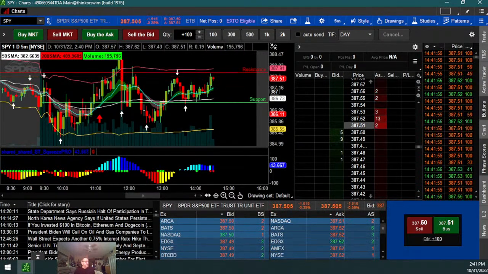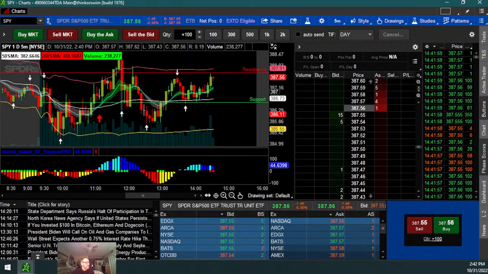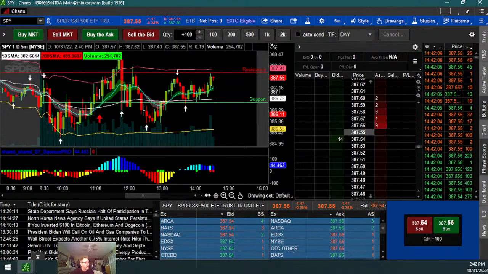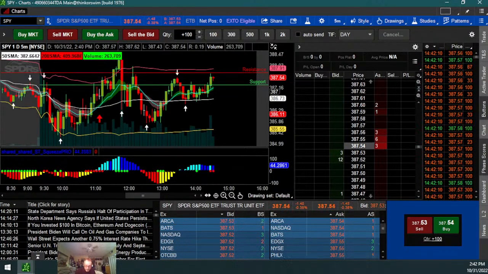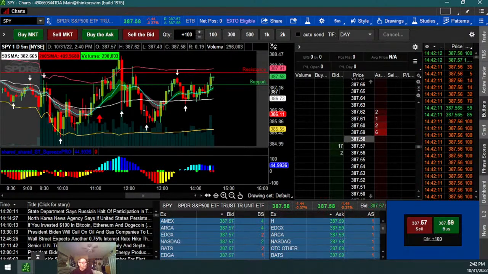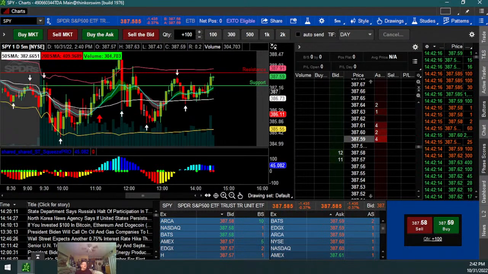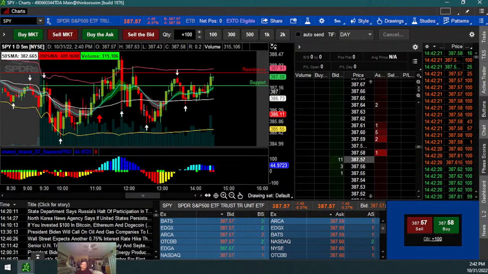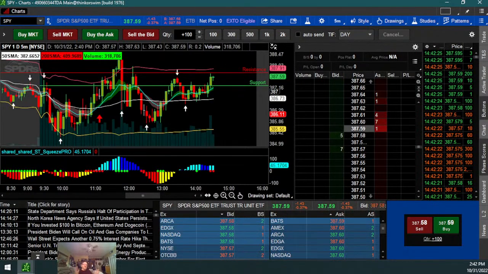If I keep it at 25s right there, let's see if we can get over that point. All right. This is what we're looking at right now. 387.25 on support and 387.75. So tighten it up a little bit.